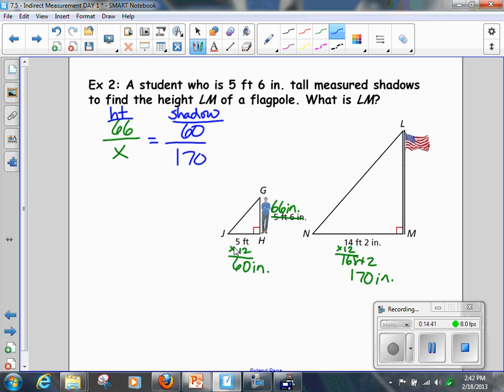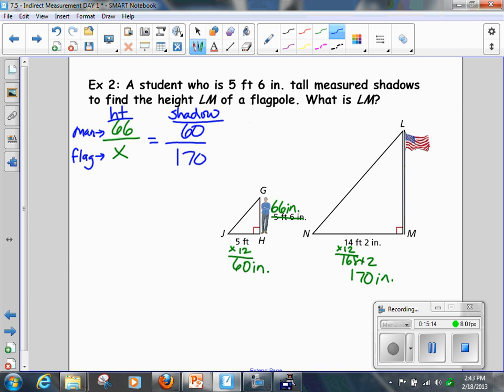He's got the height in the shadow, the left and the right, but then he has the man's information here and the flag information here. This is when you've got to make sure everything goes in the right place, okay? With the man, I've got the 66 inches, the 60 inches. That all comes from that picture. The flag information is the X and 170, so that's safe. This is like a two-way check on this problem.